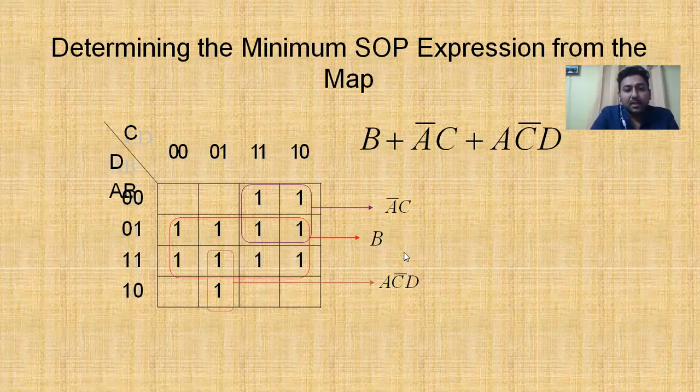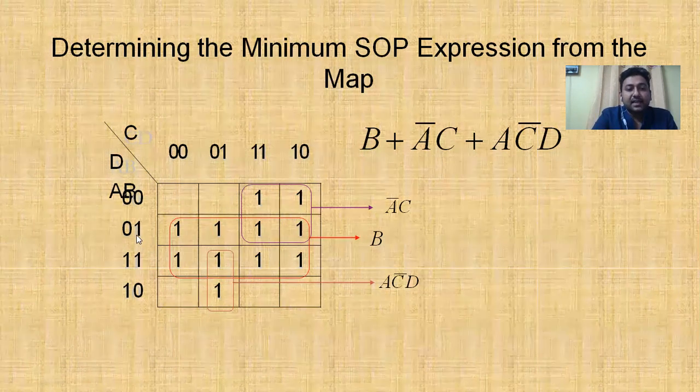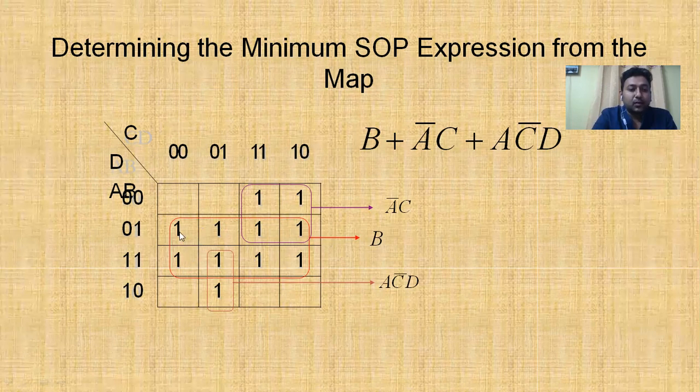So now we have to extract the logical expression from the groups. How can we do this? First we start with this one. Consider the red group. For the red group, the corresponding values of AB are 0 1 and 1 1.